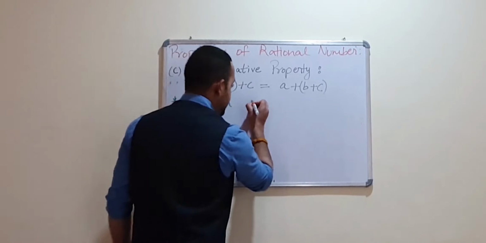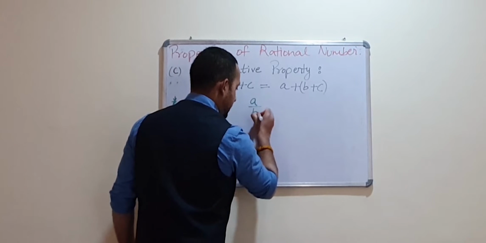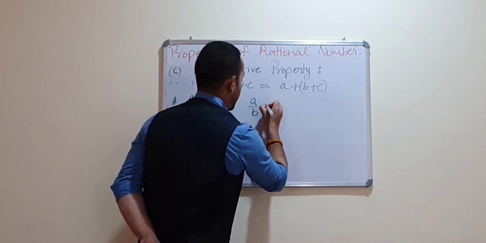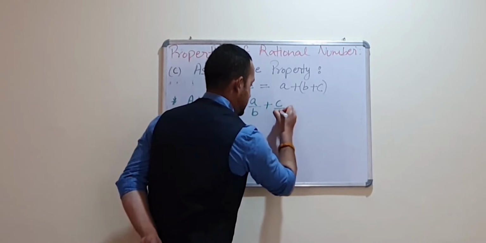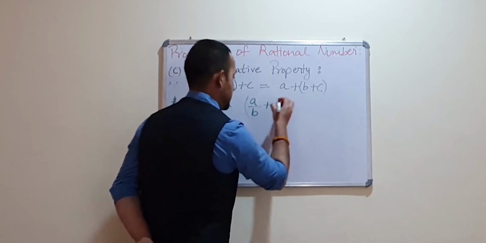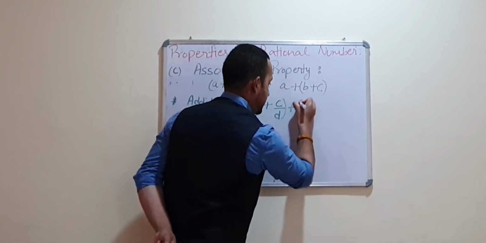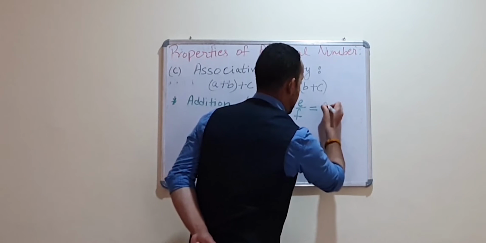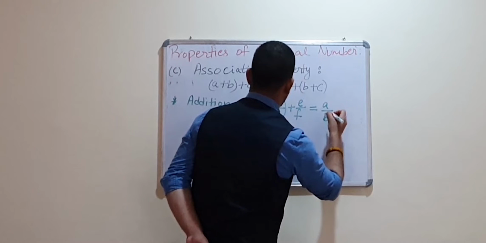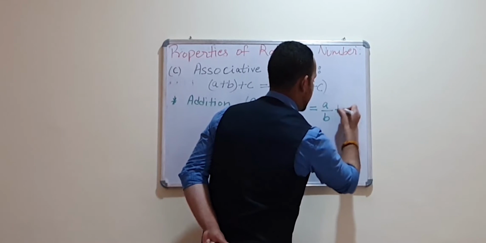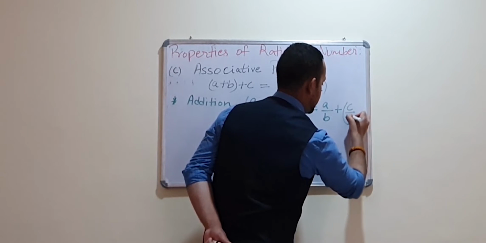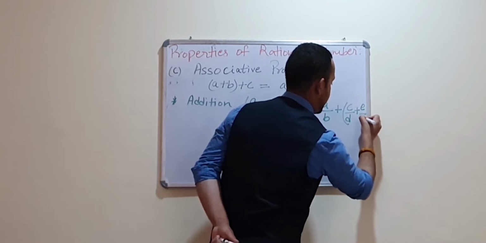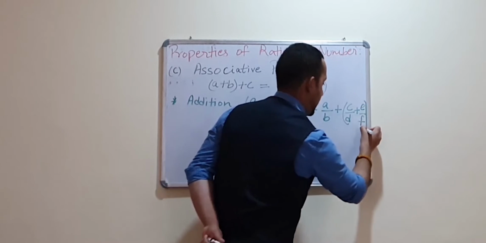So the general formula is, with rational numbers, (a/b + c/d) + e/f = a/b + (c/d + e/f).